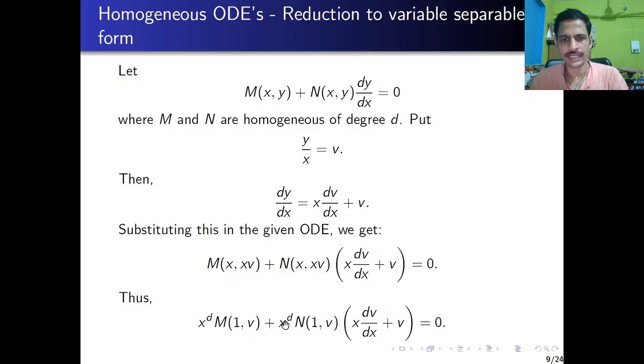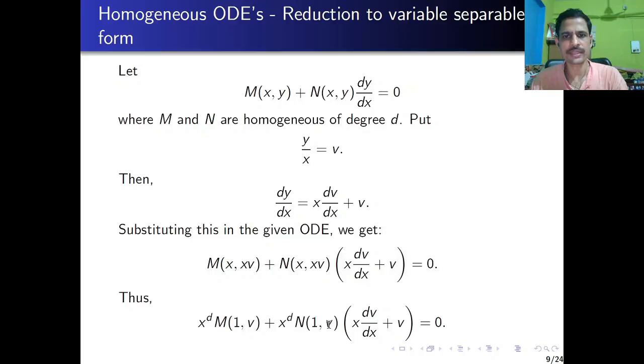And if you cancel x^d from here, then you can write this y' completely in terms of M(1, v) and N(1, v). You transfer it to the suitable side and you get that. So M(1, v) and N(1, v) are functions only of the variable v.